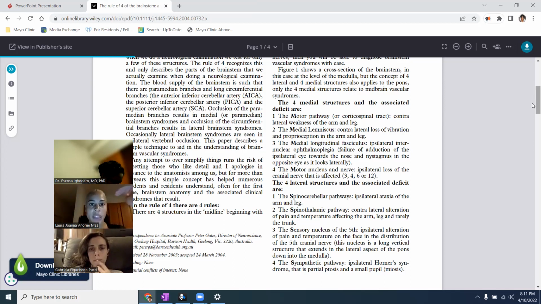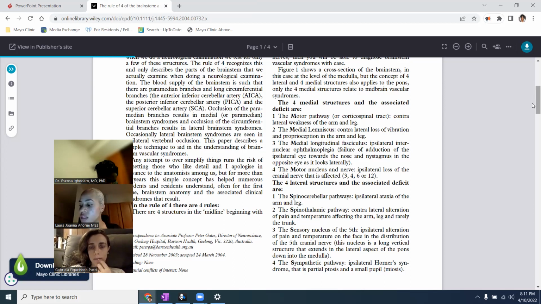Again, lateral top to bottom is PCA, ICA, PICA, correlating with midbrain, pons, medulla. Medial arteries for midbrain, pons, medulla are nothing for midbrain, basilar for pons, ASA for medulla.